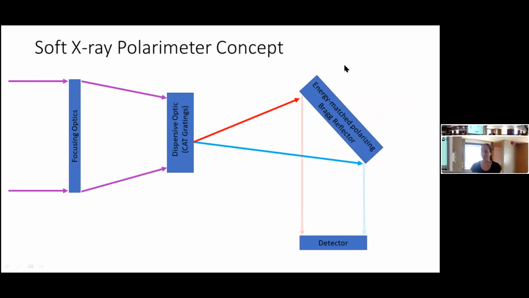These disperse the spectrum out to a Bragg reflector, and our Bragg reflectors are designed so that the energy of the Bragg peak changes along the length of the mirror so that it matches the dispersion. And so the portion of the light that is polarized along the surface of this is going to get reflected and hit the detector.